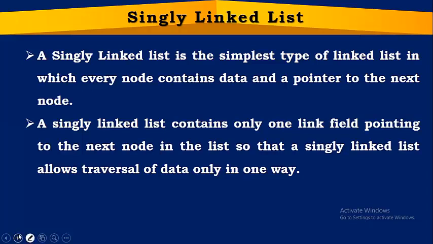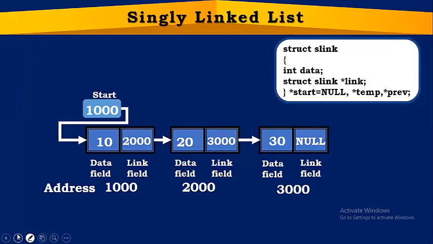Okay. So let's see its representation. This is a representation of singly linked list. Each node contains two parts, data field and link field. Data field holds the data and link field holds the address of the next node. In this way, each node is pointing to the next node. So here you have to remember two very important things regarding the start pointer.